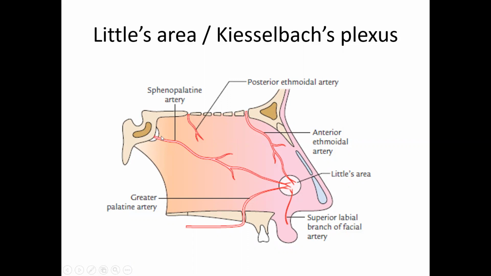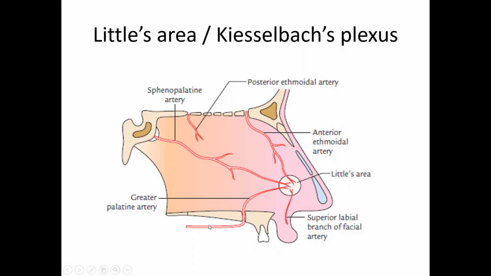From the sphenopalatine foramen comes the sphenopalatine artery, which is a branch of the maxillary artery from the pterygopalatine fossa. It also reaches this particular point from the maxillary artery itself, running down is the greater palatine artery.